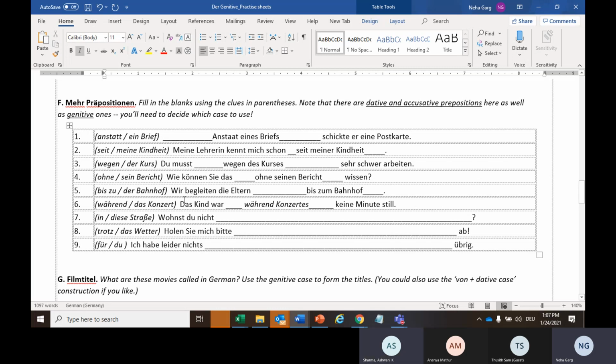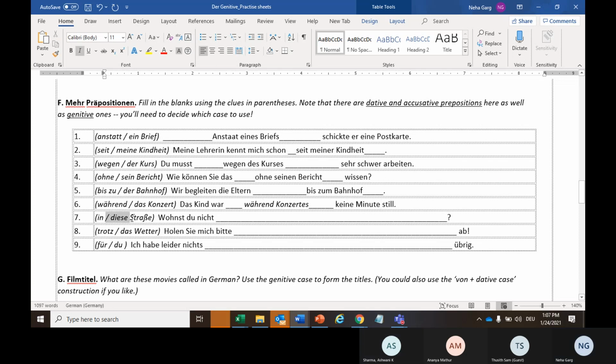Bedeutet, the child was not still because of the concert. Keine Minute can be in the sense of not for a single minute. The child was quiet or still because of the concert.